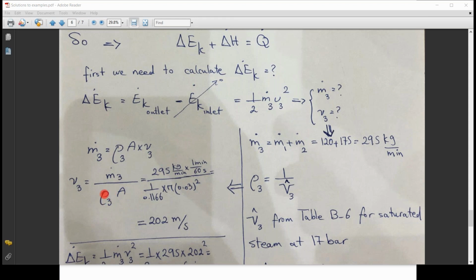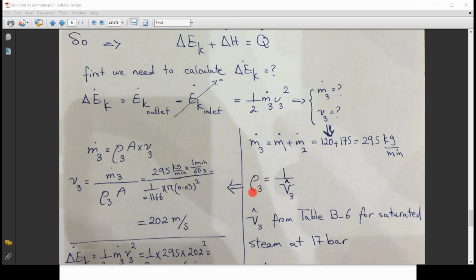Now we need rho, or density of the outlet, and A. A is easy to calculate because the ID of the outlet of the boiler is already given to you. So we need rho.